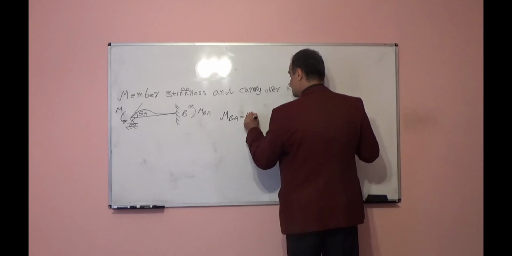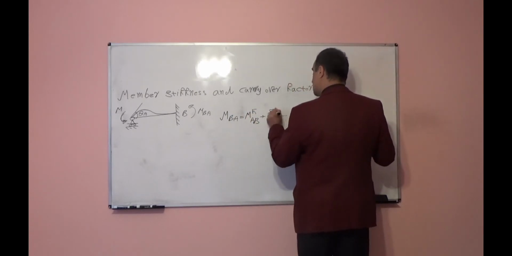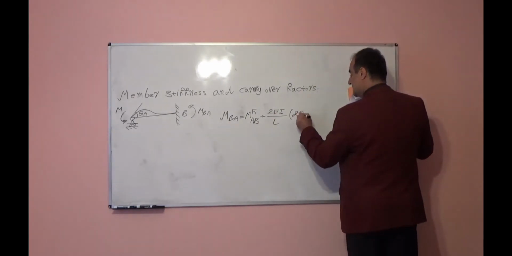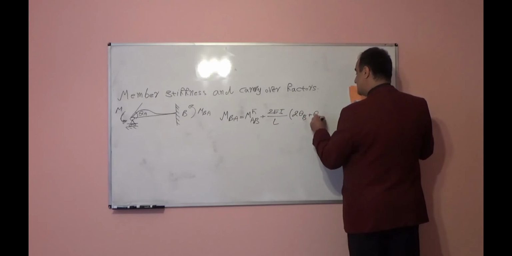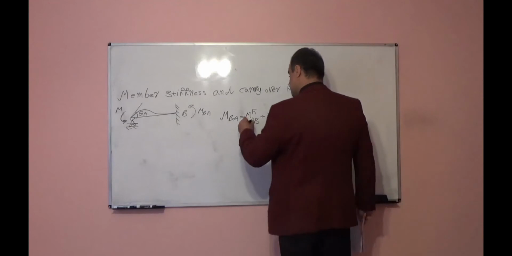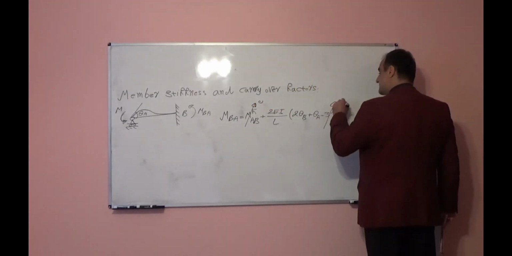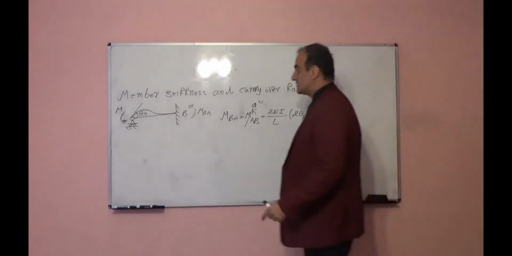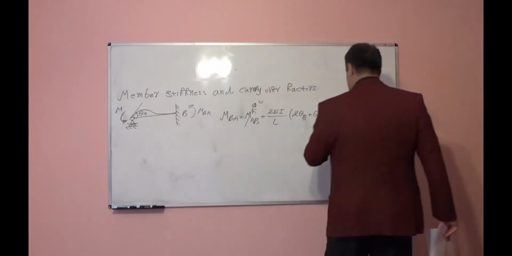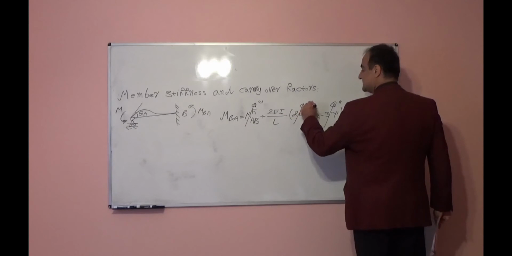MBA is equal to M fixed BA plus 2EI over L times 2 theta B plus theta A minus 3 psi. Because there is no external load, this term is 0. Because there is no settlement or lateral deformation, supports A and B are both at the same level, so psi is equal to 0, and because the B end is fixed, theta B is 0 too.